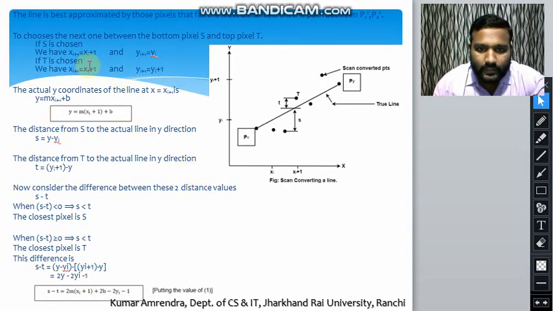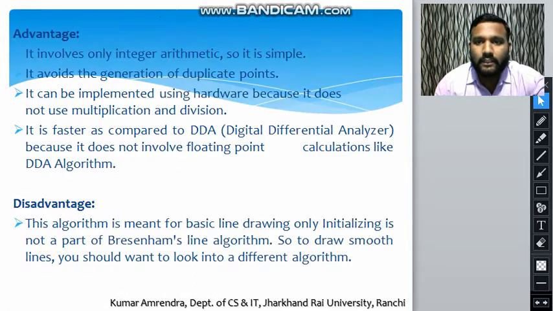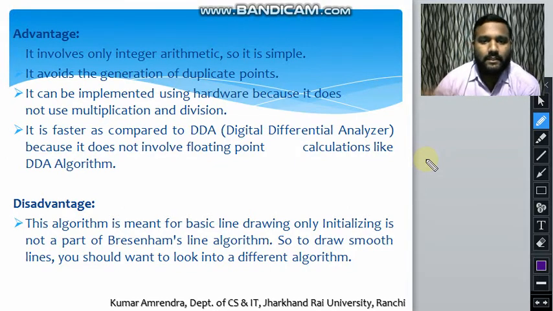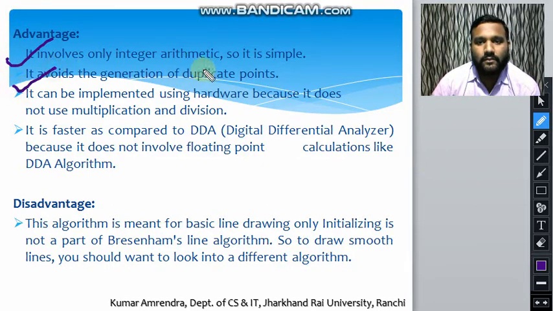Here we can see that in both cases x is incremented by 1. So since 1 is always added to x, no point will ever repeat, and no point will form a duplicate point. So it avoids the generation of duplicate points.